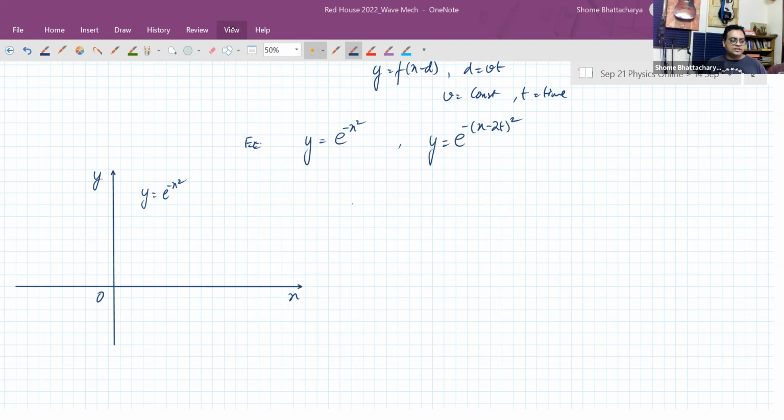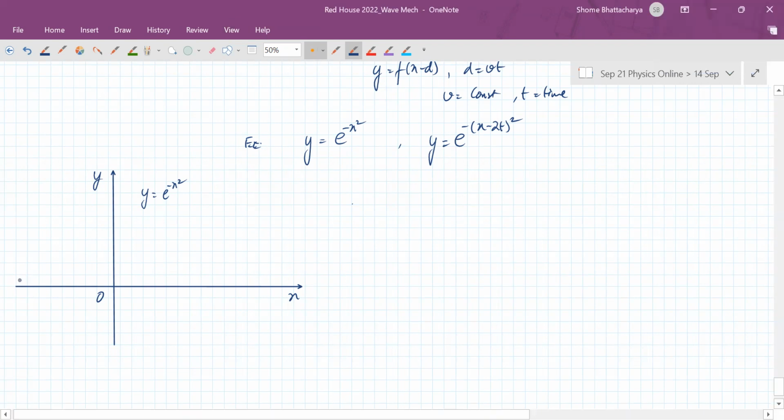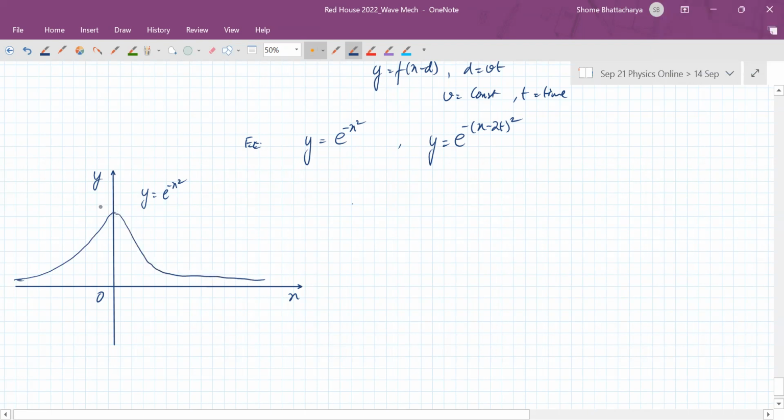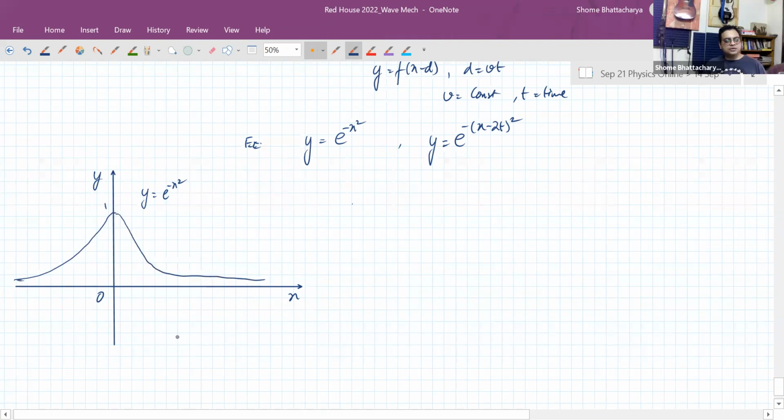You've done a bit of graphs in calculus and all that before. Yes, sir. It looks like a pulse kind of shape. It's exponentially decaying on either side. It has a global or local maximum of 1 at x equal to 0.